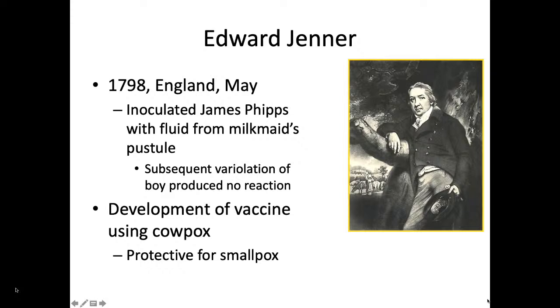I think this is from a school book, this story that Edward Jenner observed that milkmaids were not infected with the smallpox virus, but he saw that milkmaids were developing some skin lesions on the hands, and they were getting this infection from the cows. Yes, so cows had these vesicles on the skin.